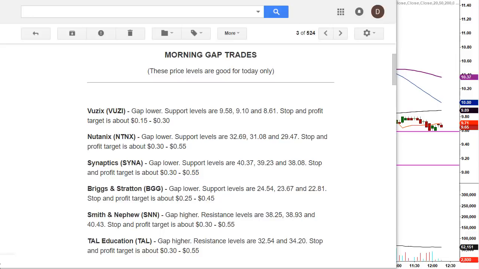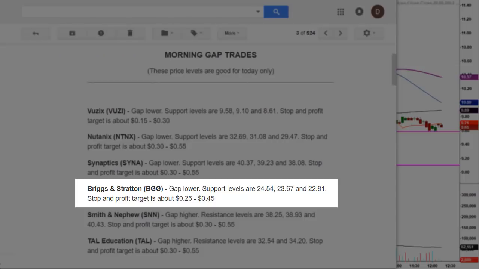The second one that came into its price level and provided a trading opportunity today was Briggs Stratton, BGG. Gap lower, support levels are 24.54, 23.67, and 22.81. Stop and profit target is about 25 to 45 cents. Again, these are minimum profit targets, and the reason I give multiple price levels is that these are separate and independent trades from one another.